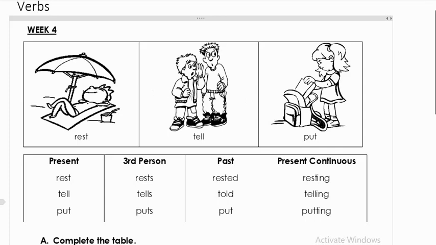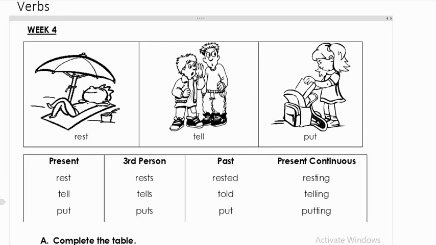Let's move on to the second image. The verb is tell. Tell. We use this verb when we want to communicate information to someone, okay, in spoken or written words.